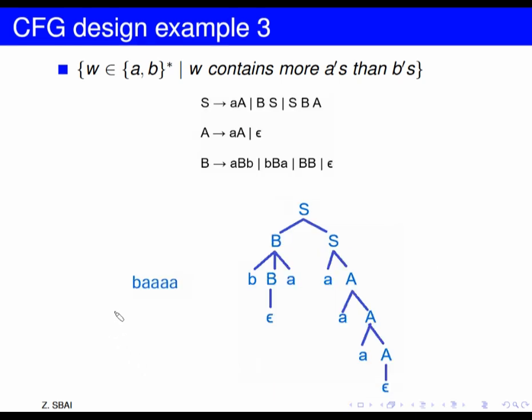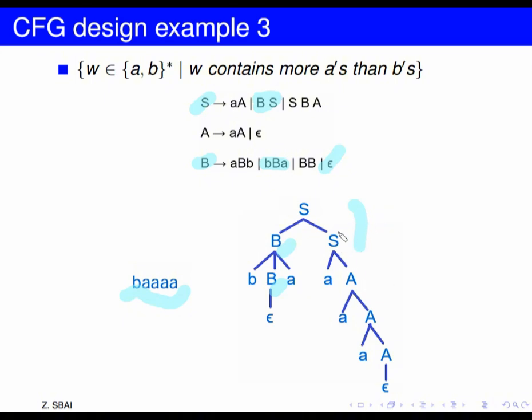Now let's take another string, B followed by 4 A's. For this, we can first choose the rule S yields to BS. And then we will have this variable B. We will choose B produces BA. And for this B, it will be epsilon. We will apply the last rule.